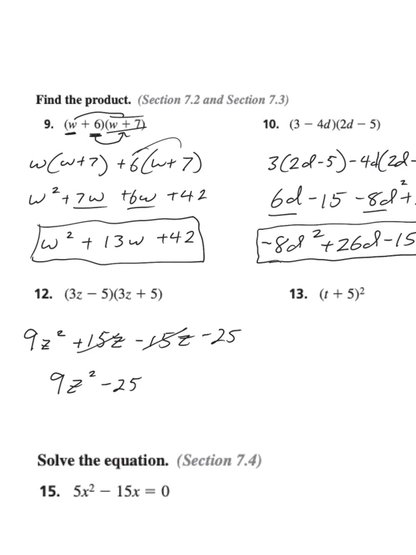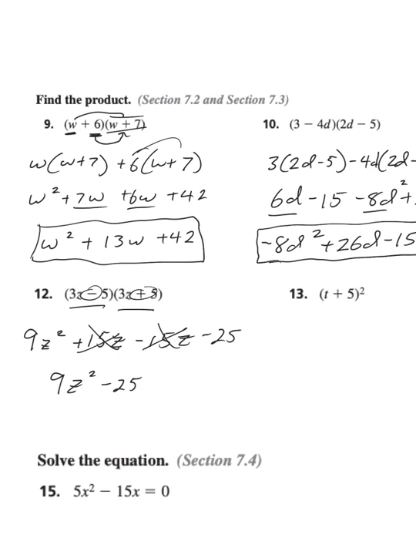Okay, so if you did this right, you should have ended up with 9z squared minus 25. And if you remember, these are conjugates. A conjugate is a binomial that looks the same, except that one has a minus in the middle and one has a plus in the middle. And what happens with conjugates is the outside and the inside of FOIL cancel out.